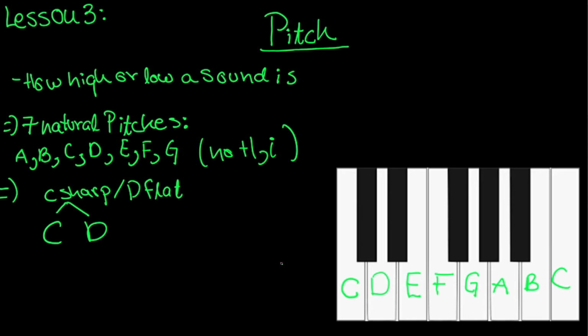Now as for what this terminology sharp and flat means, I'm going to clear it right now. So this key right here, this one that's in between C and D, you could think of it as a slightly higher version of C. This slightly higher, we call in music jargon sharpening.